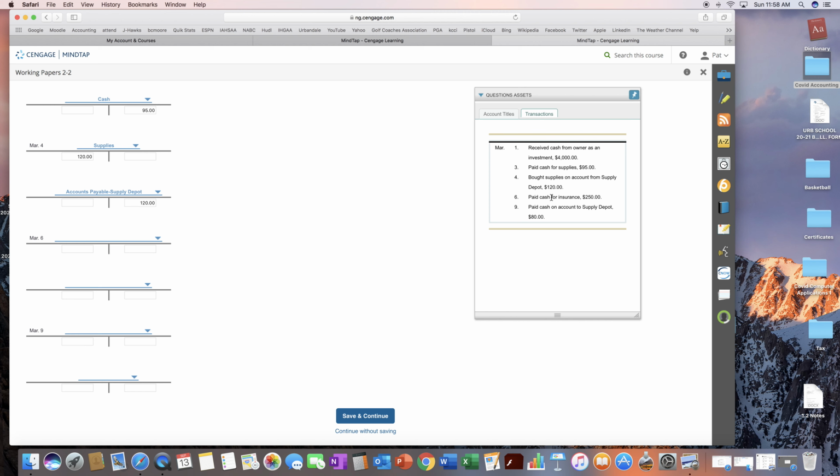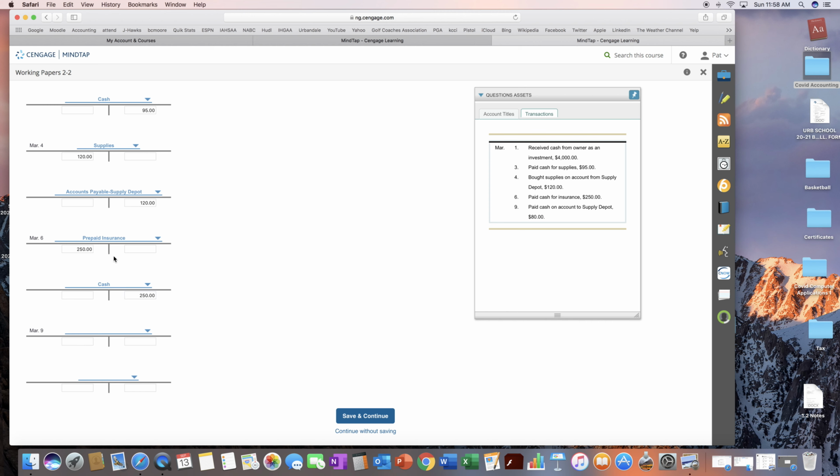March 6th, paid cash for insurance. Paid cash means cash is going down. Insurance means insurance is going up. We list the debit first. Insurance and cash are both assets. Cash is lowered, so insurance we're increasing. We're gaining insurance. Insurance is something of value. It's an asset, and we paid cash, so cash is lowered.